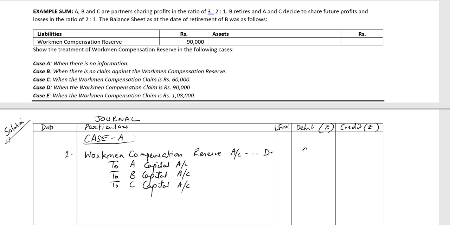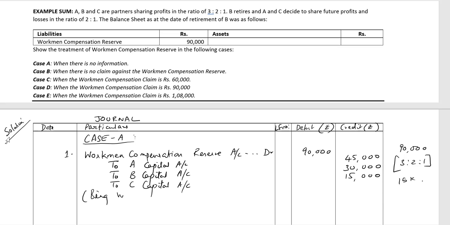The amount of the reserve 90,000 to be distributed in old profit sharing ratio 3:2:1. We have 45,000 against partner A, 30,000 against partner B and 15,000 against partner C, being Workmen Compensation Reserve distributed.